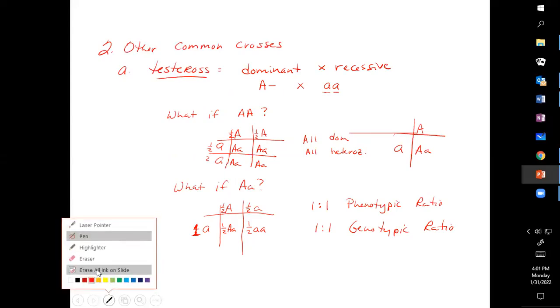Another type of cross that is used is called a back cross. The back cross is the cross of a hybrid with a parent.